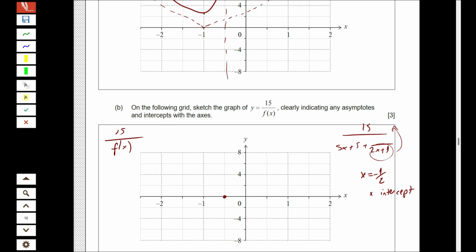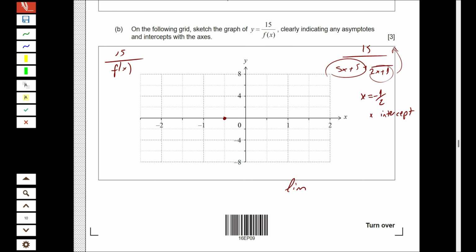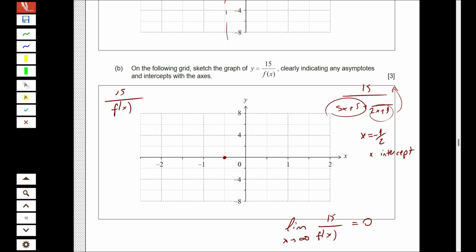And what else? When we look for the horizontal asymptote, you will see that when x approaches infinity, 15 over f of x will approach 0, because x is increasing to infinity in the denominator of this fraction.